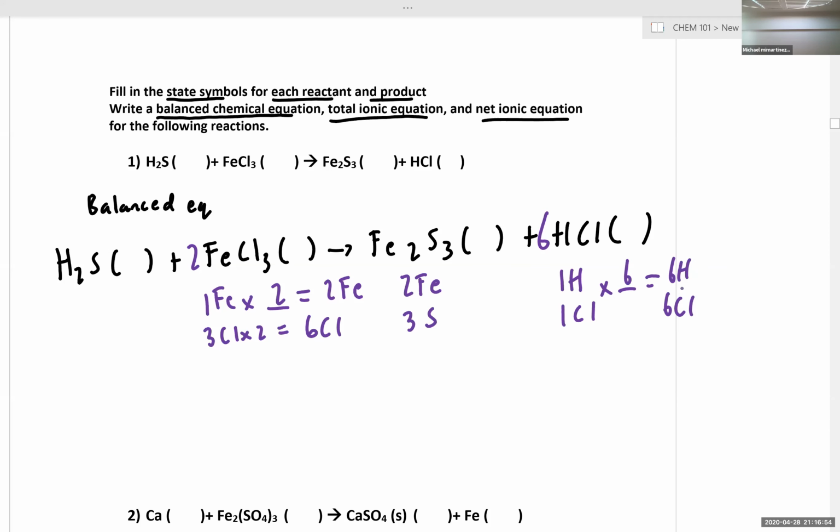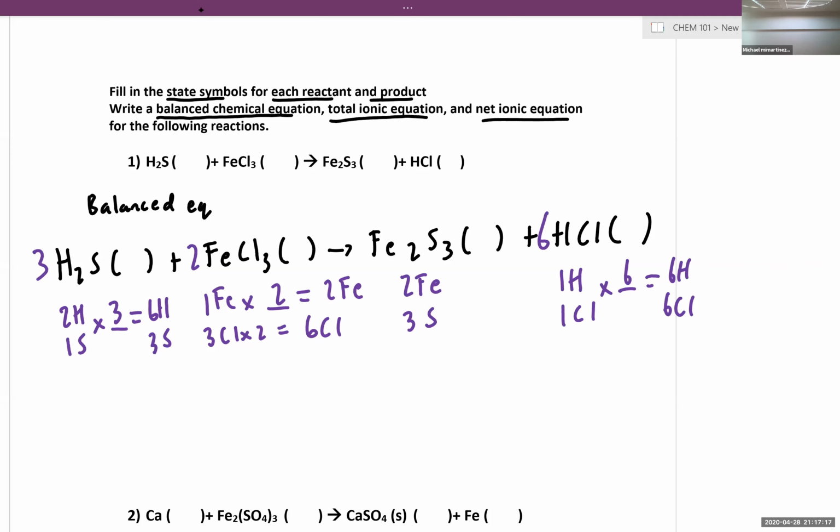So now we have 6 hydrogens and 3 sulfurs on the right. So we have 2 hydrogens and 1 sulfur. What coefficient do we need to multiply our 1 sulfur by to get 3 sulfurs? What coefficient do we need in front of H2S? I see someone typing 3. That's exactly right. Perfect. So we've balanced the equation.